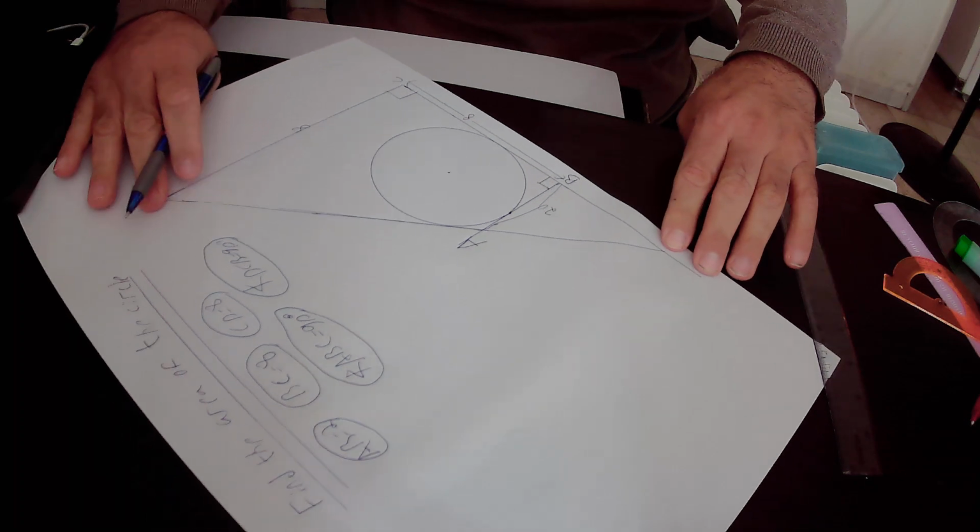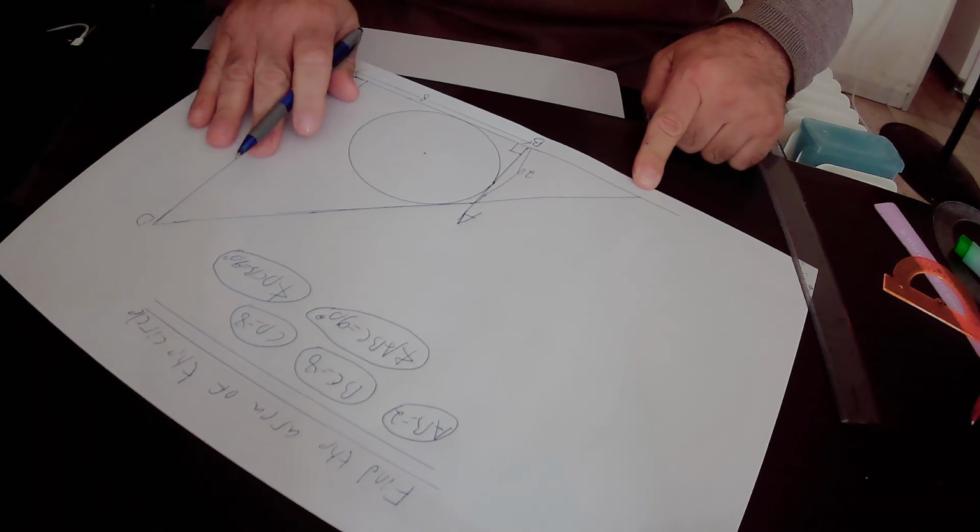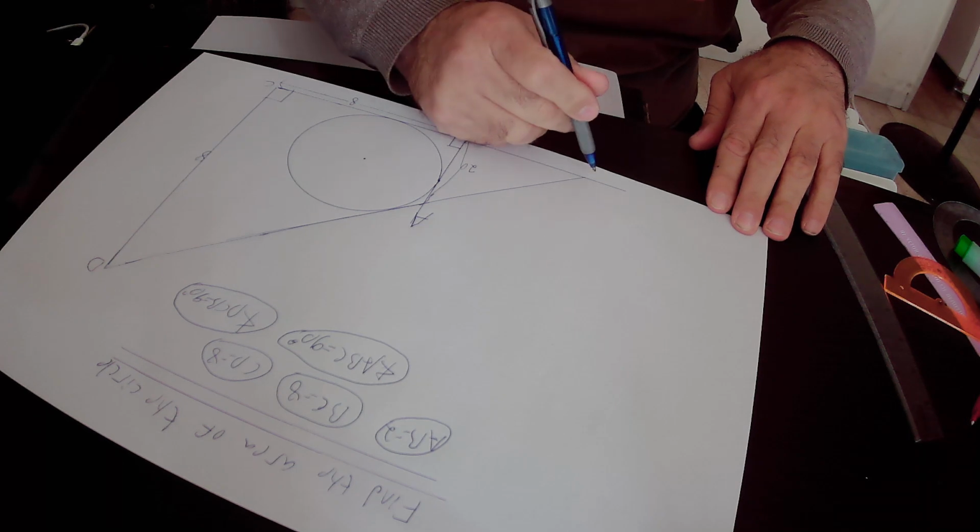So actually, this is the touching point between the two sides. We define the touching point as M.